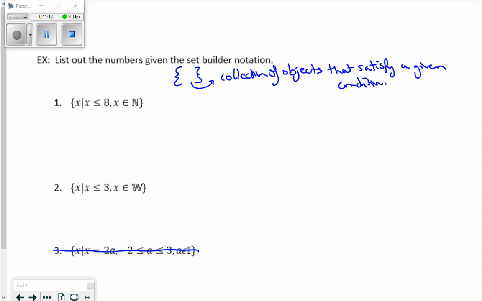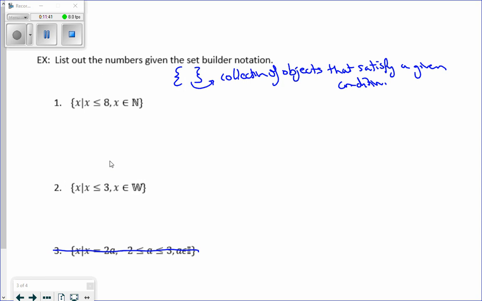Set brackets and just the regular round brackets mean something entirely different. When you use round brackets, that doesn't mean set. When you see those fancy brackets, that's a collection of all those objects. Because this unit's called set theory, you're going to see the set notation again and again and again.